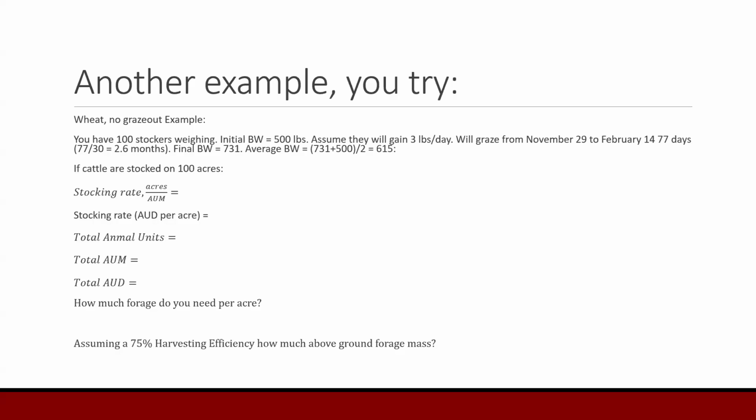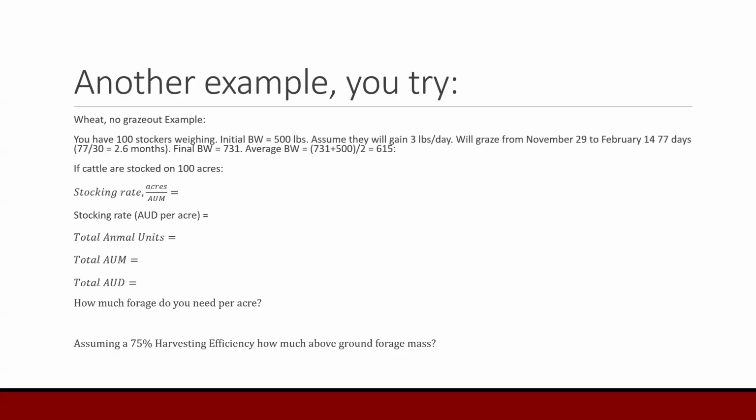So 100 divided by 159 is what? I'm guessing it's 0.63. Oh, it's 0.625. Just round, yeah, that's what I said. Cool. All right, we can do that same calculation for animal unit days per acre.